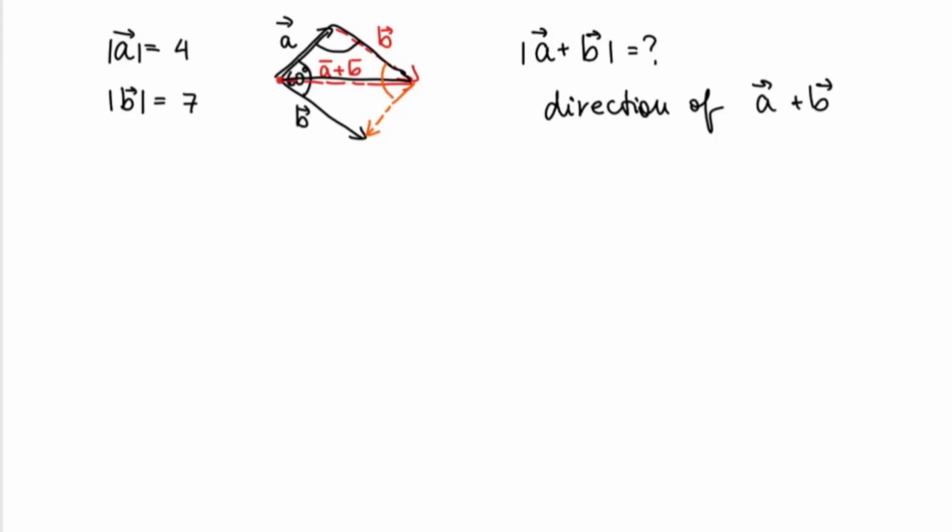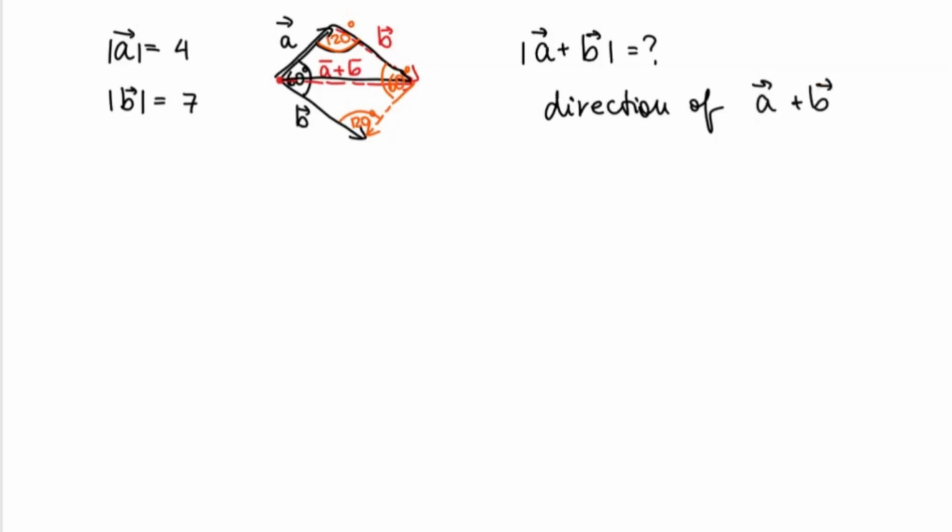And in a parallelogram, opposite angles are equal, so this angle here will be 60 degrees. Then these two angles together will add up to 240 degrees, and since the opposite angles are equal, each one of these angles is 120 degrees.